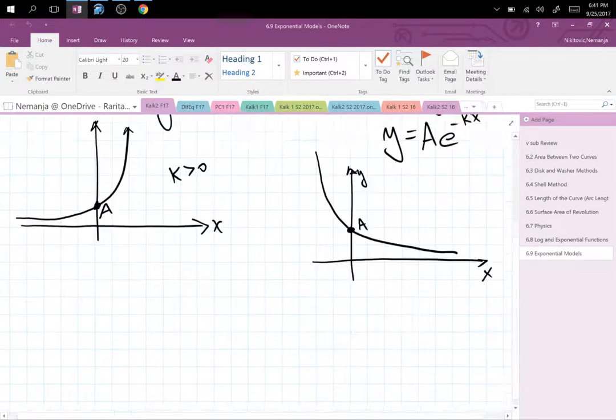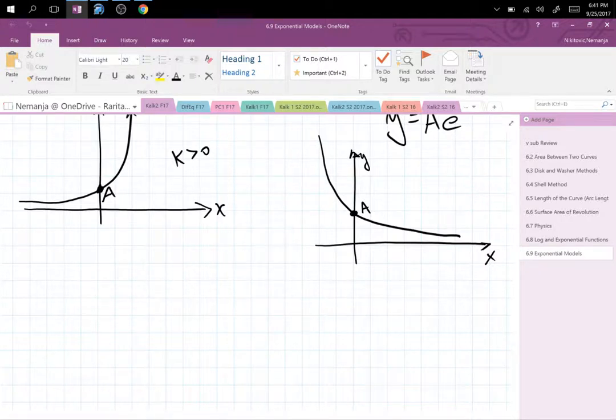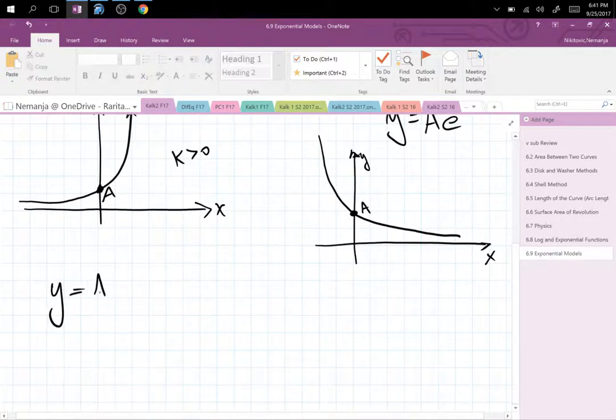Now, when you're looking at these mathematical formulas, the main formula, as you've seen up there, is y equals a e to the kx, but then we replace variables, right? Use the letters that help us connect them better to what we want to talk about. So we can talk about population at any time t as the initial population times e to the kt. So that will be population.